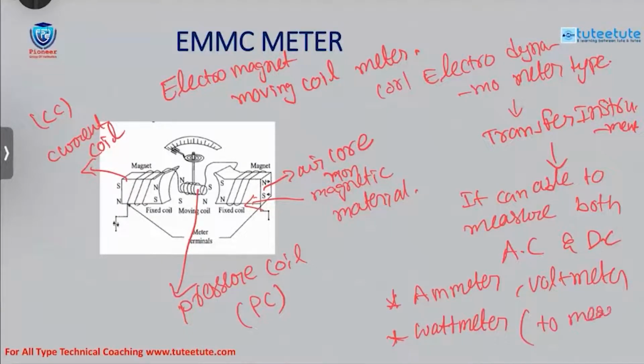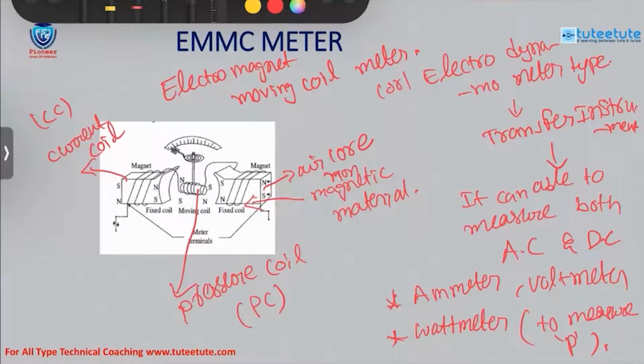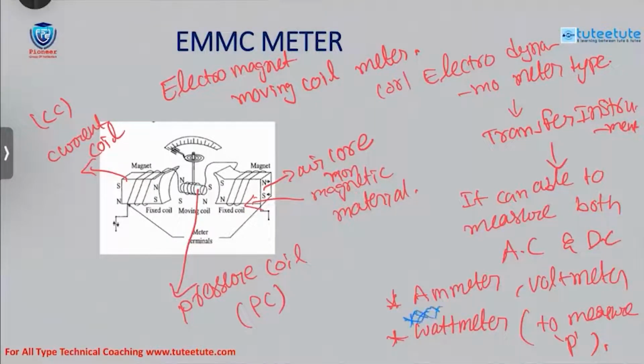In general, we use a dynamometer type usually only for measurement of power. If you want, you can use it as an ammeter also, or as a voltmeter also. But in general, for our application, we are going to use it as a wattmeter. Dynamometer type instrument is used for wattmeter only. Okay, this is also very important for our exam.